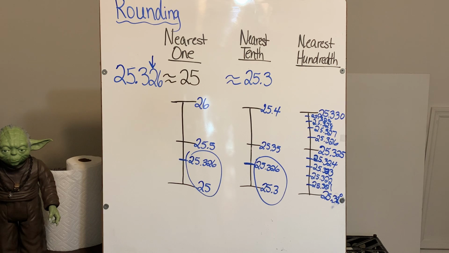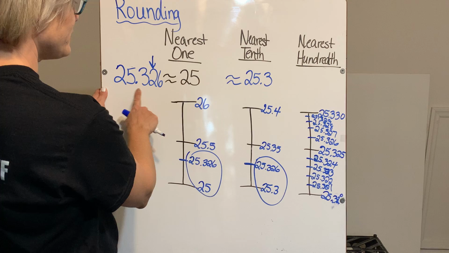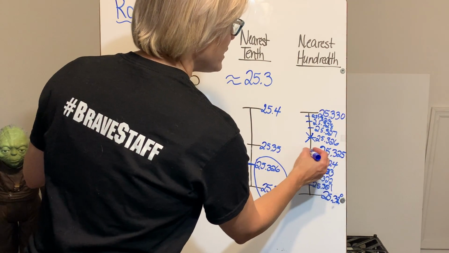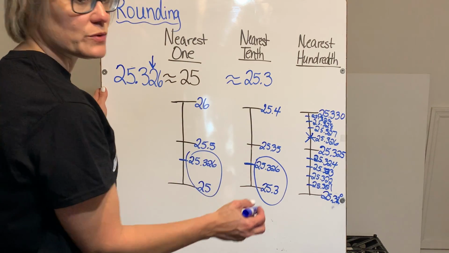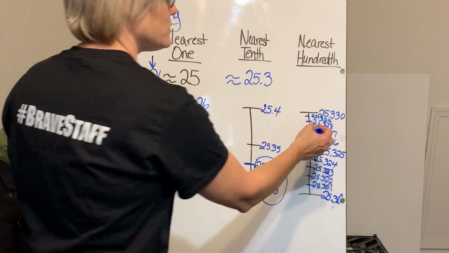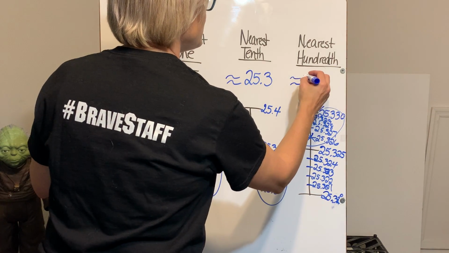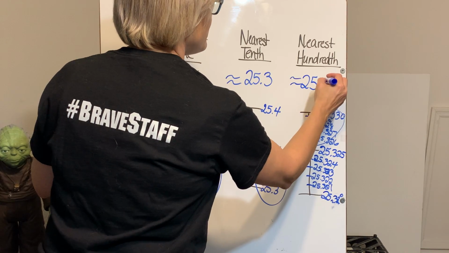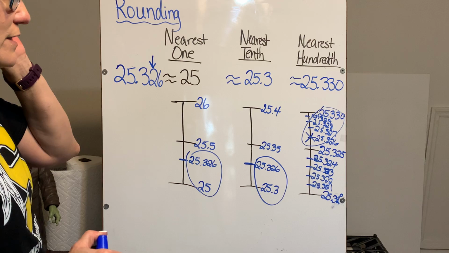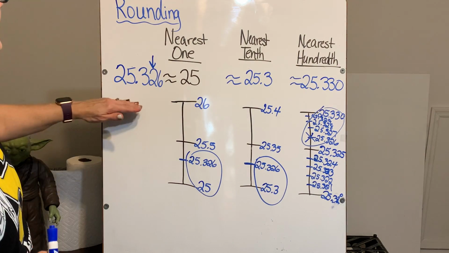Since I have my scale now, I can put 25 and 326 thousandths on here. Here was my middle line. Is it above the middle line or below the middle line? It's above the middle line, so this time it's going to round up to 25 and 330 thousandths.